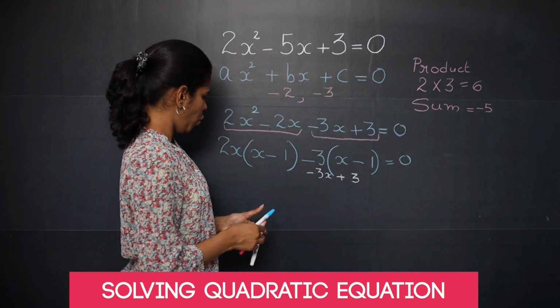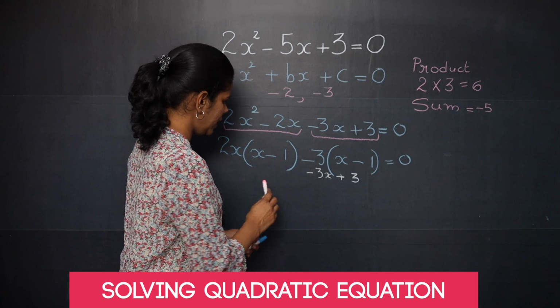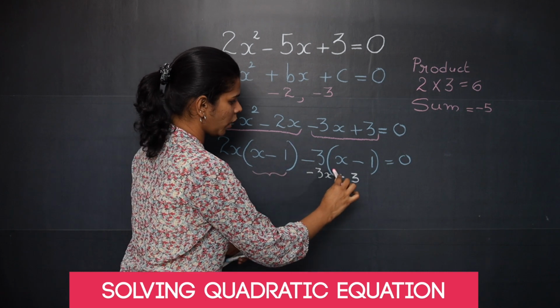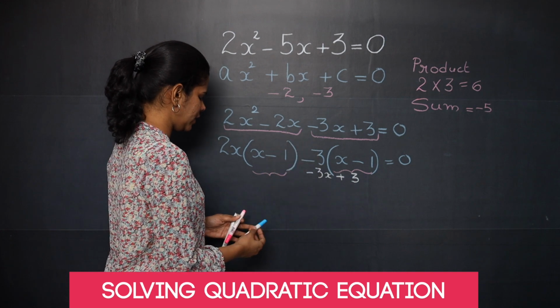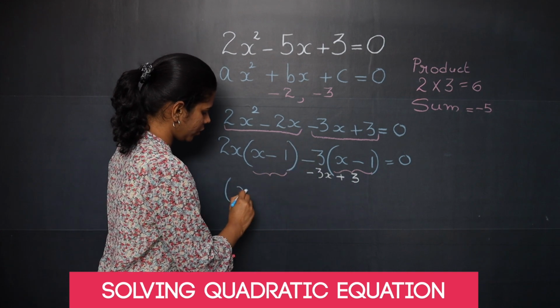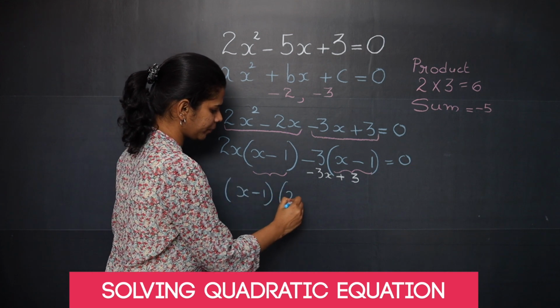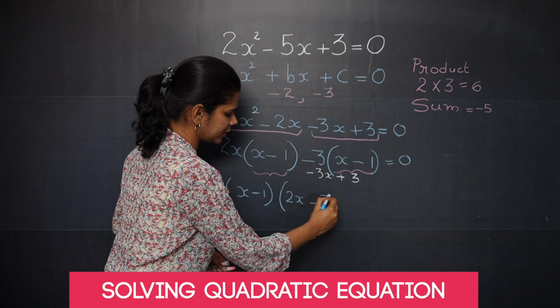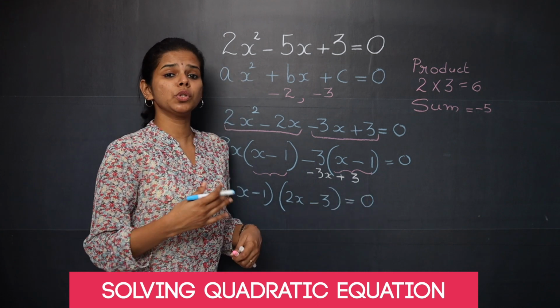Now we will check what is common again. You can see x minus 1 is common on both. So you will take x minus 1 outside. Now what is inside? 2x minus 3 equal to 0. Now how will you solve it?